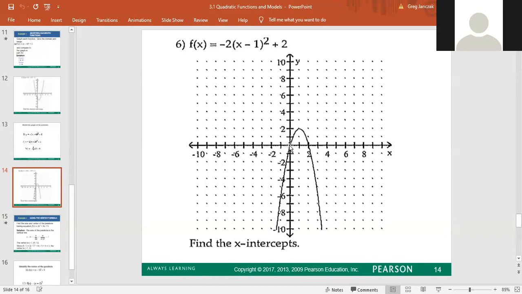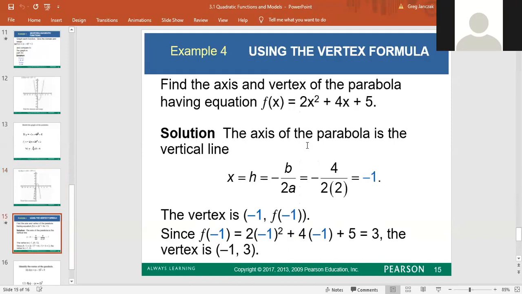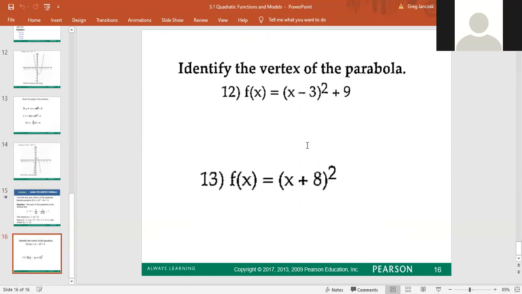Okay, the x-intercepts are where it crosses the x-axis. So in this case, the intercepts are going to be at 0 and 2. X equals 0 and x equals 2. And that's all you had to do there. Okay. All right, and then the last slide, identify the vertex.